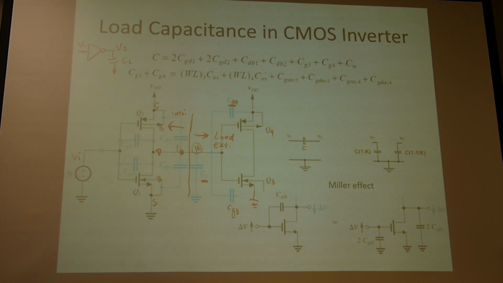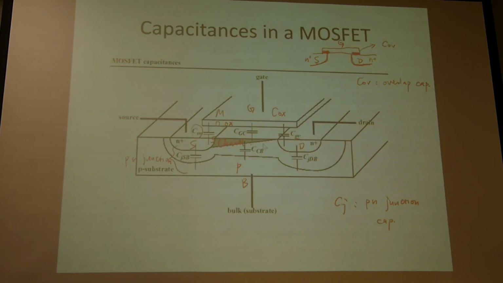So you have those two capacitance here. And also, this node is a drain, and then your input is gate. So this overlap from drain to gate. So let's say CGD is overlap capacitance. This is the COV. That is the capacitance here.